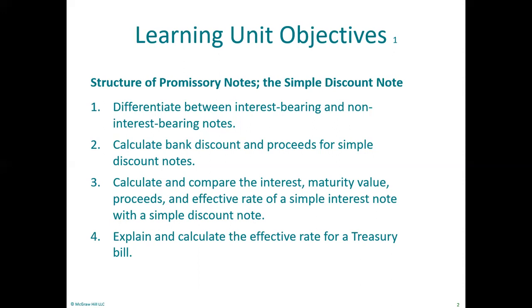In other words, it's like selling that note to a bank. Of course, they're going to buy it at a cheaper rate so that they also earn from that transaction. So we're going to discuss how we compute the bank discount, and then how we compute the proceeds from a simple discount note.